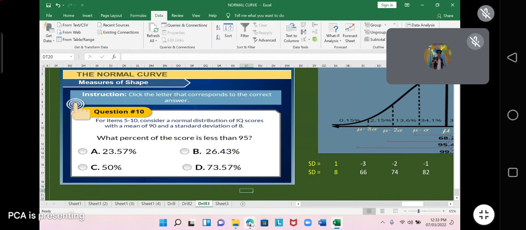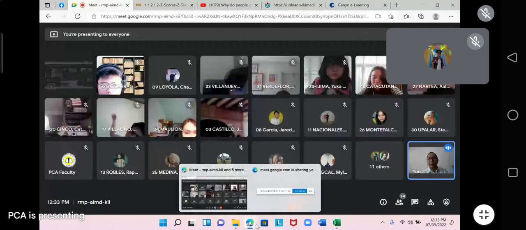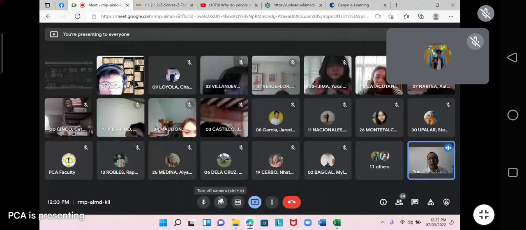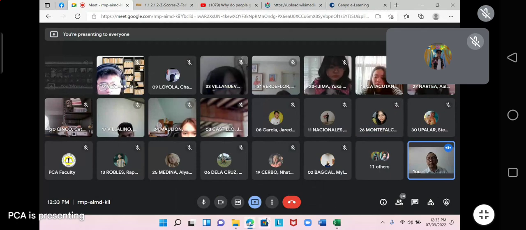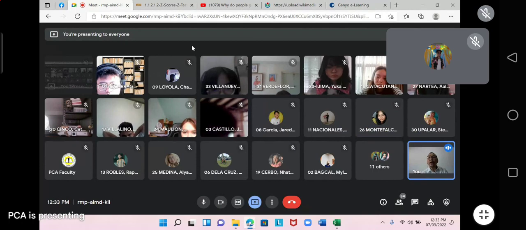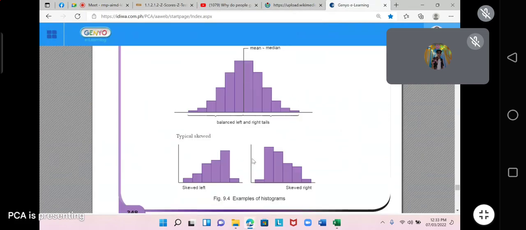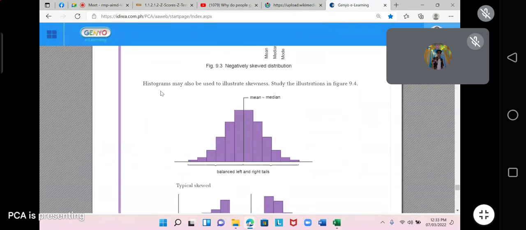You see, we can present how skewed your group will be, the scores in the group, once we know how to solve this skewness. And actually represent it based on the histogram.